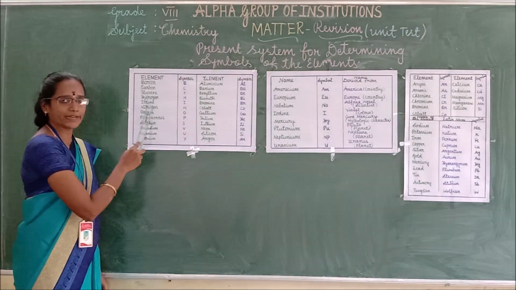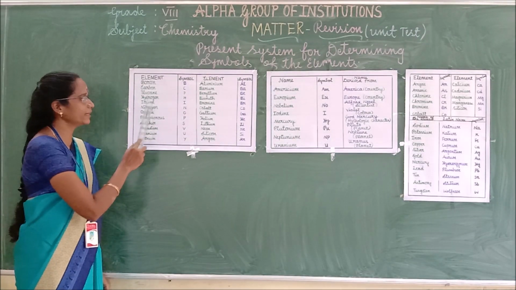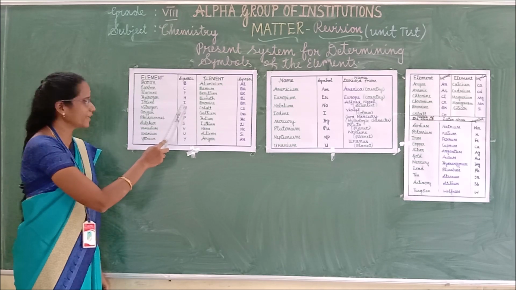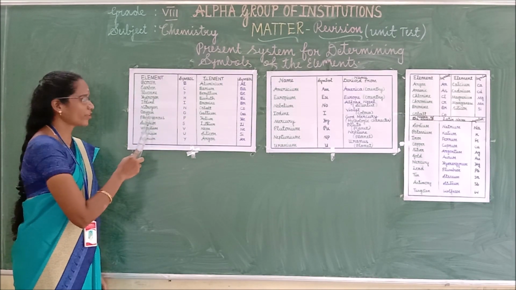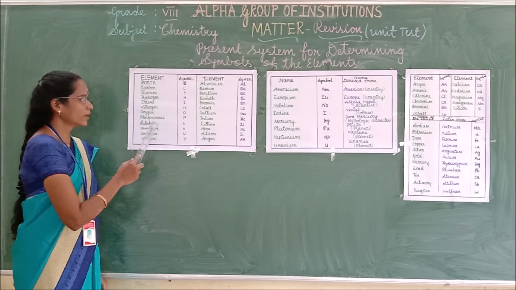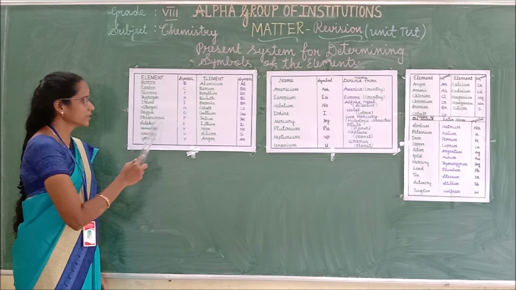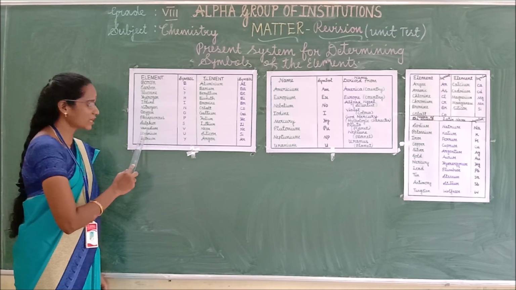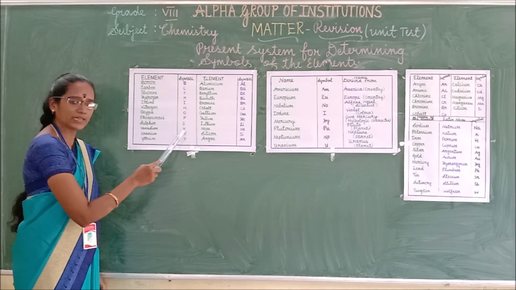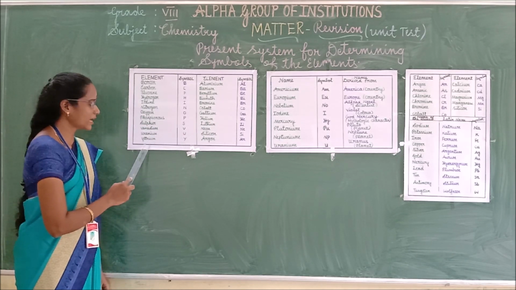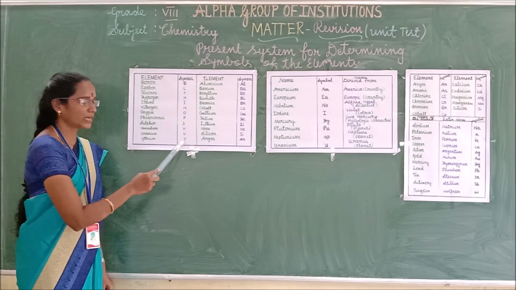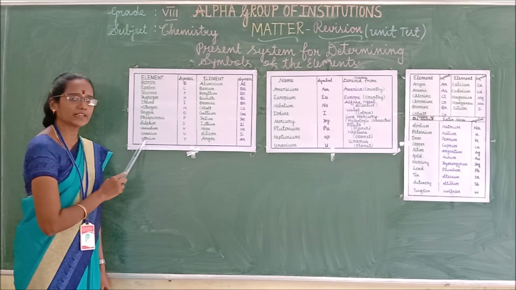H. Next, iodine. Vanadium, the first letter is V, so its symbol is V. Next one, uranium, U, and the last one, yttrium, symbol is Y, because the first letter is Y.